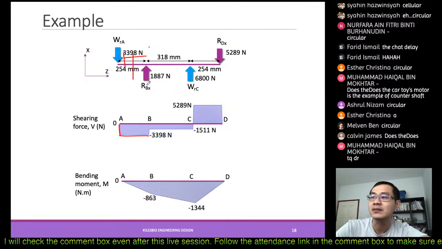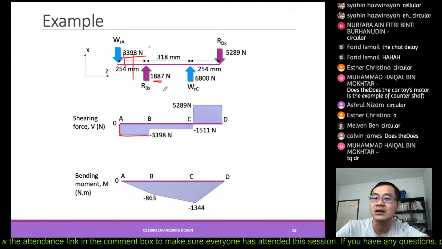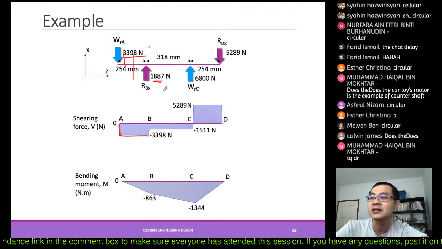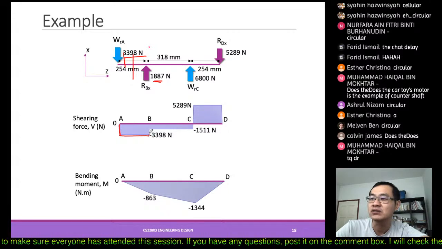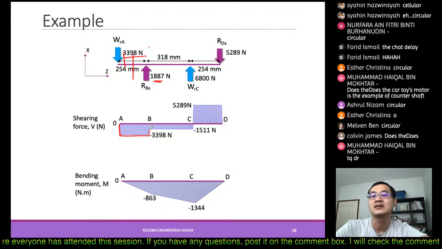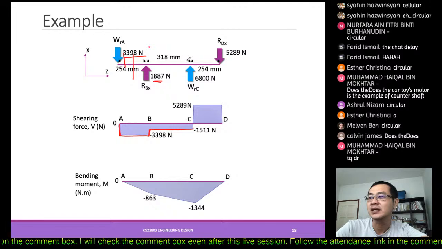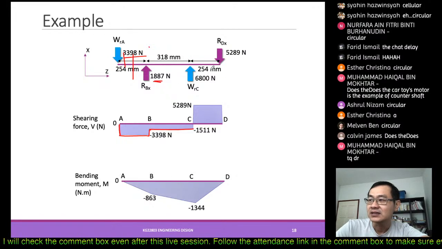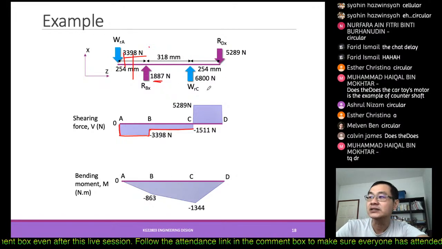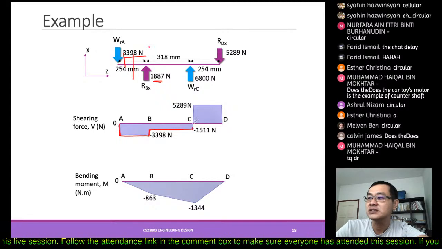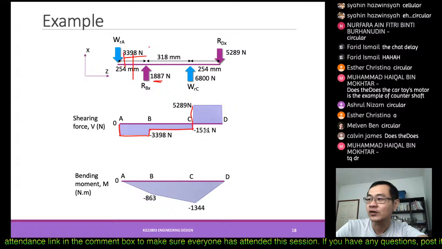But at point B, we will have this support, 1887 that we got just now, so it will increase back. Again along this segment, no change in the shear force, and then we add in the additional 6800 at point C, up again from minus 1511.